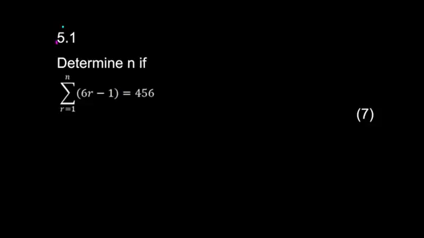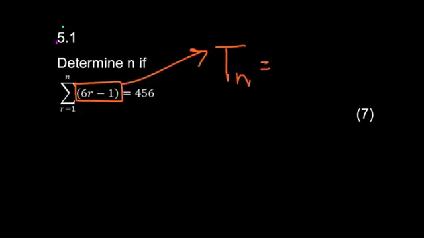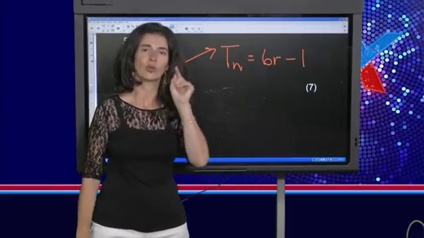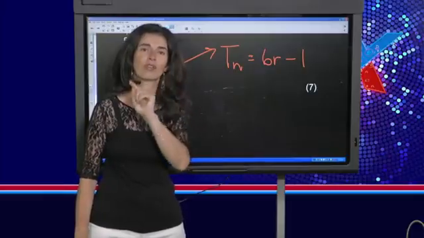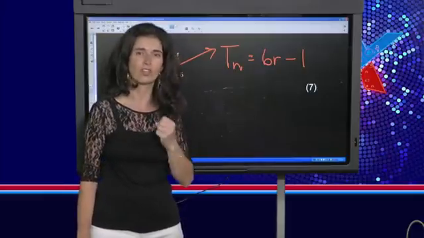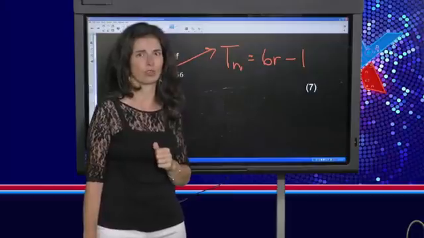This formula over here is a shorthand notation to tell me four important things. The first one is that sitting here is my general term. So that is my Tn. So Tn is 6r minus 1. And you know how powerful that is? With that Tn, I can tell you exactly what any of the terms in the sequence are. That's the function of the general term.